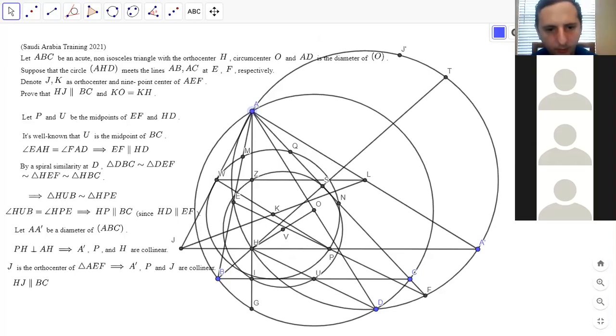So O is the midpoint of AD. So we want to show KZ is equal to KO.